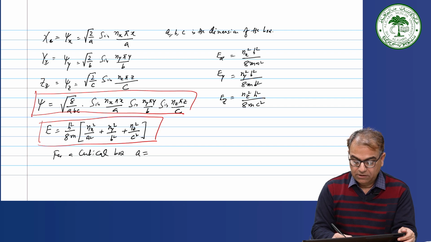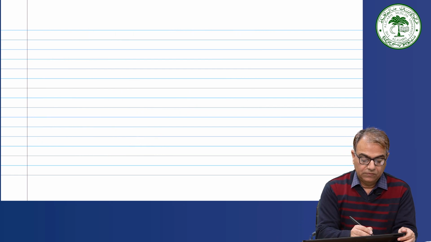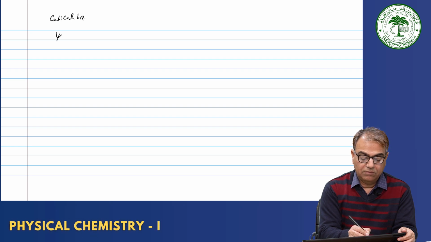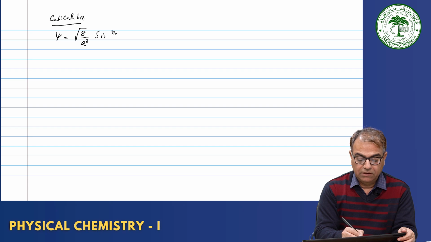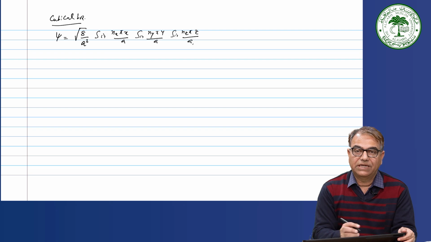For a cubical box, a will be equal to b, b will be equal to c, and if you put these values, then your total wave function psi for a cubical box will become equal to root under 8 divided by a cube into sine nx pi x divided by a sine ny pi y divided by a sine nz pi z divided by a, because all sides are equal.